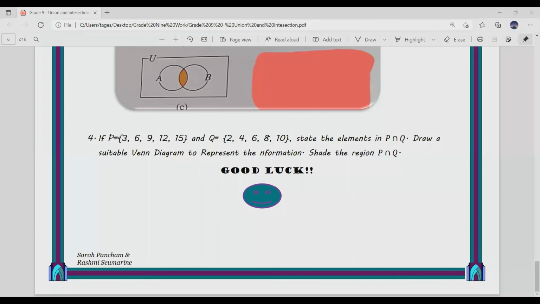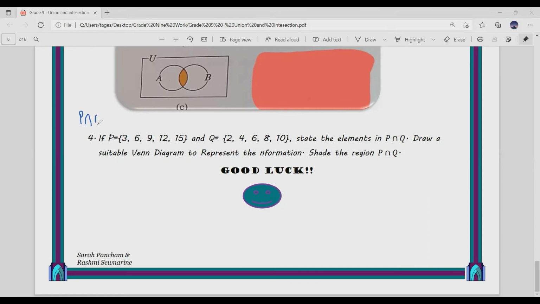So we have, if P is equal to 3, 6, 9, 12, and 15, and Q is equal to 2, 4, 6, 8, and 10, state the elements in P intersect Q, draw a suitable Venn diagram to represent the information, and shade the region P intersect Q. So this is a lot here. So let's work with P intersect Q. I'm going to write it up here.